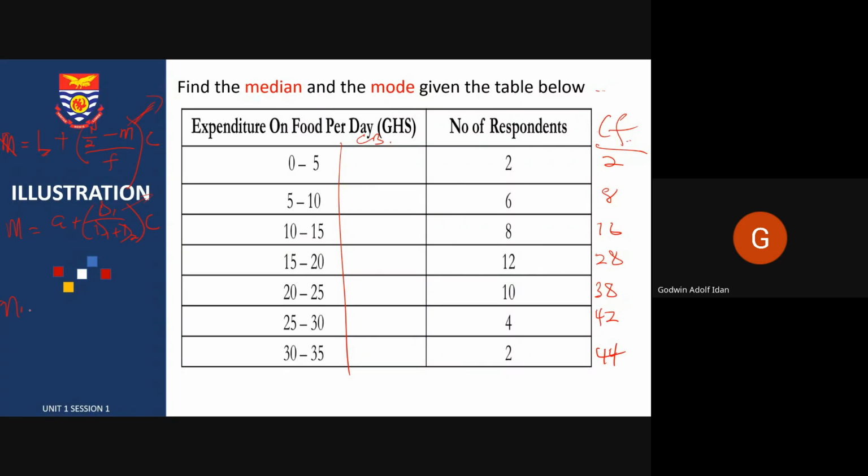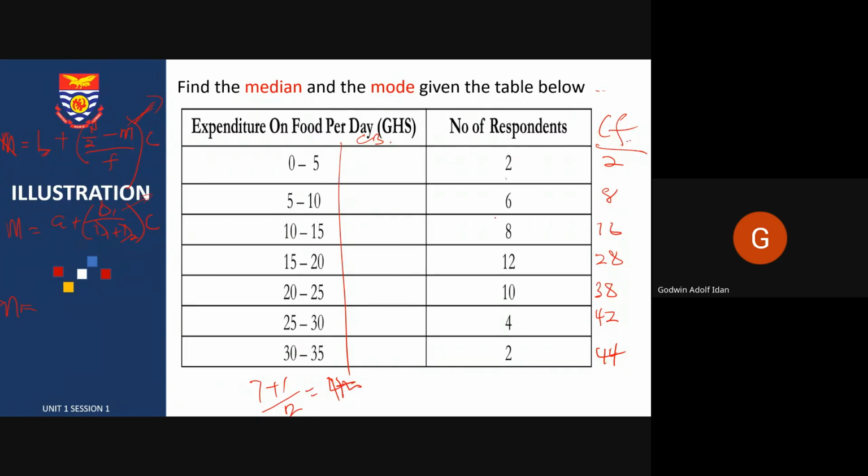In this case, our median is equal to the lower class boundary of the median class. Now, how do we get the median class? We only have to count 1, 2, 3, 4, 5, 6, 7. The median class is the middle one, just like how we got the median position. So we do 7 plus 1 divided by 2, which is the fourth position.